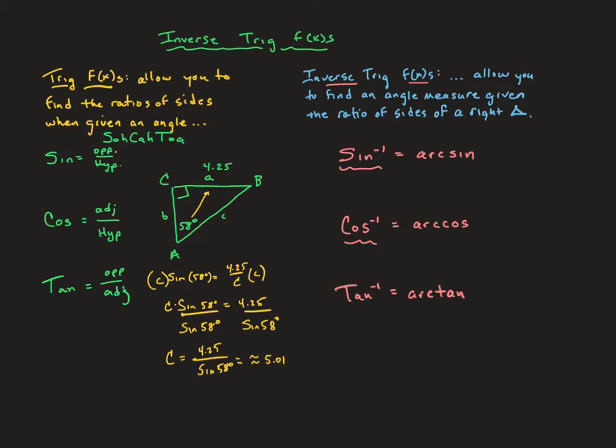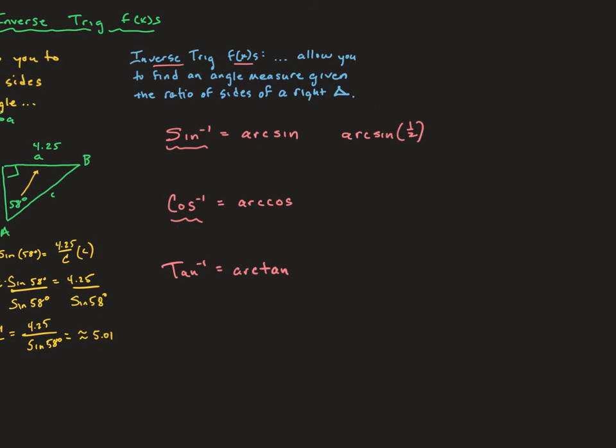So what it allows us to do is, if we were to have arc sine of 1/2 and we put that in the calculator, it is going to tell us 30, and we know that is degrees because we're going from ratio to measure.